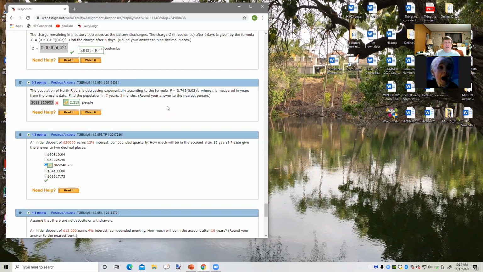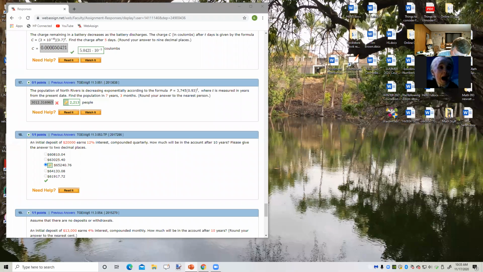All right, so T is time in years, and it says we want to go 7 years and 3 months into the future. Okay, 3 months would be 1/4 of a year, or 0.25. So we want to find P of 7.25.